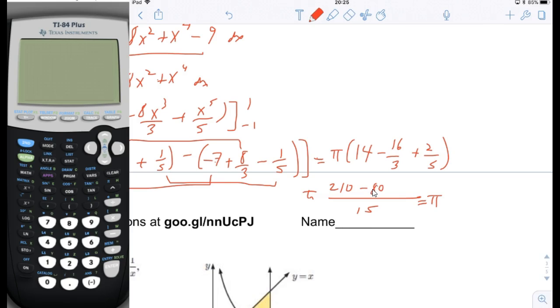And then 2/5 times 3 on top and 3 on the bottom would be 6 on top, 15 on the bottom. And then I'm going to combine the numbers on top. 210 minus 80 is 130. Plus 6 is 136. So my answer is going to be pi times 136 divided by 15.